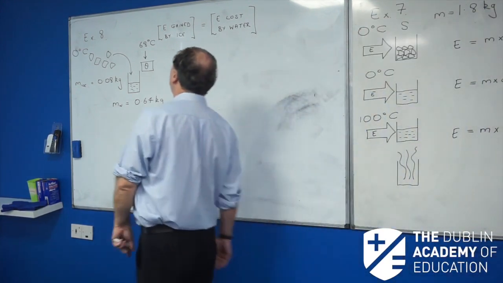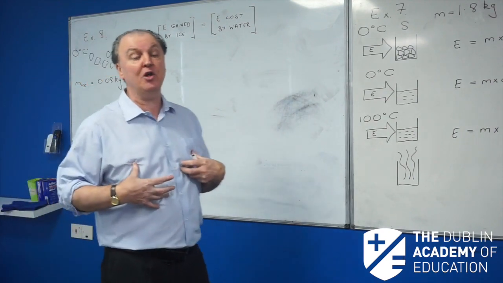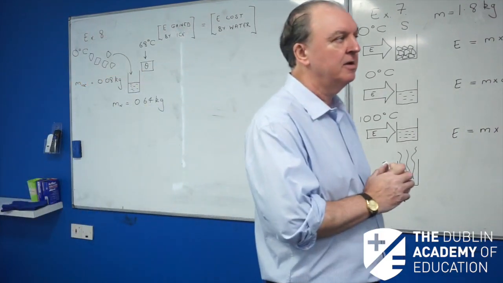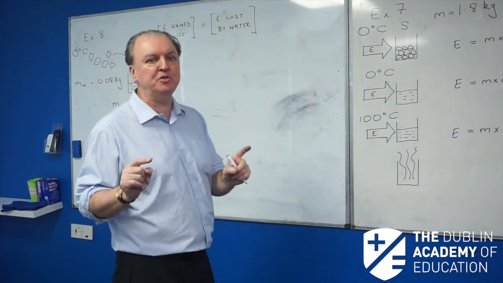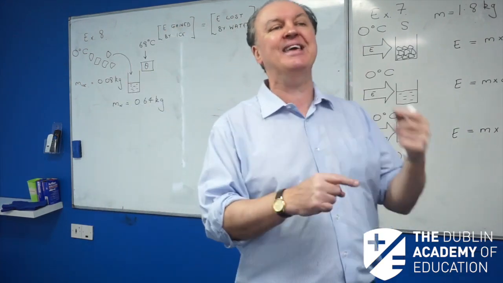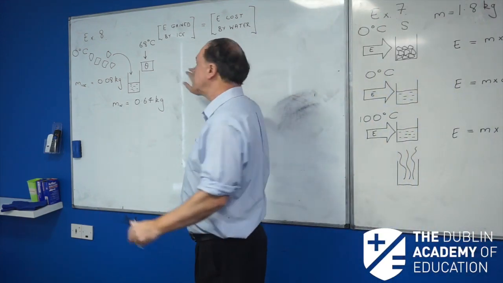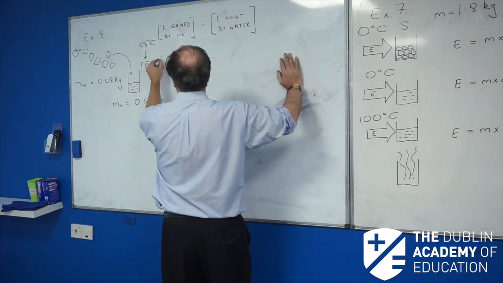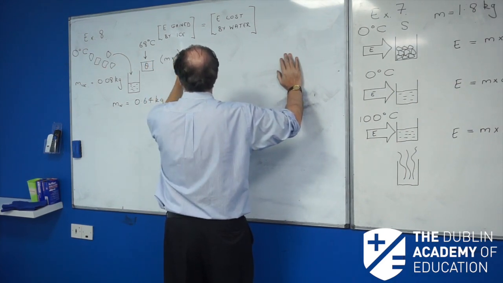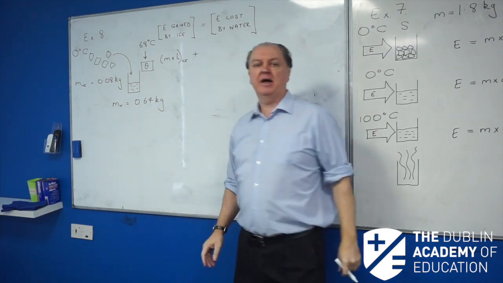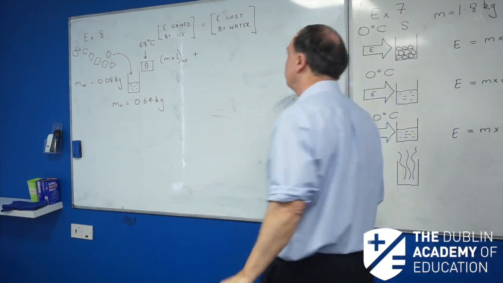Energy gained by the ice, it comes in 2 stages. First of all, I have to melt the ice, and then I have to change the temperature of the water that came from the ice. The energy I need to melt the ice, that's called ml. So it's ml for the ice. Now I'm talking about the water that came from the ice.